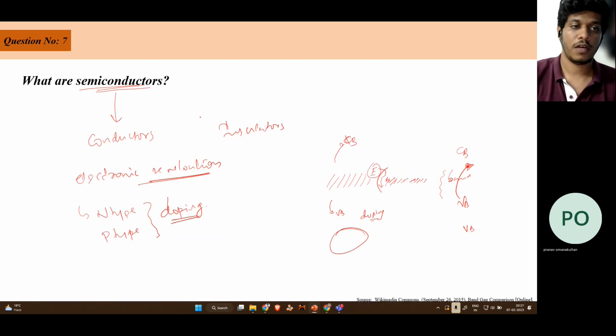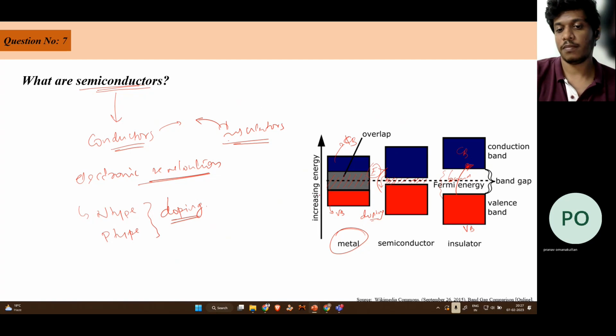The other question was, what is a semiconductor? A semiconductor is a class of material which lies between conductors and insulators, and it has a band gap that is higher than conductors but less than insulators. The basic diagram is this.